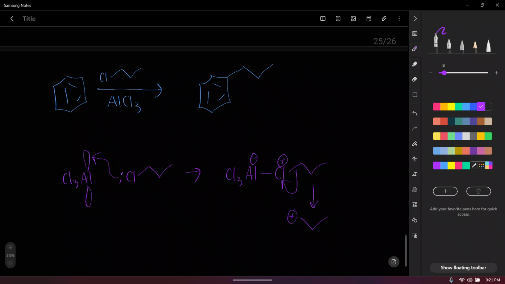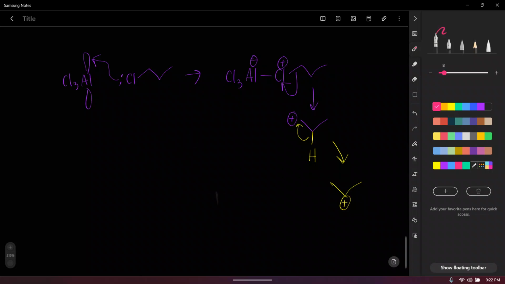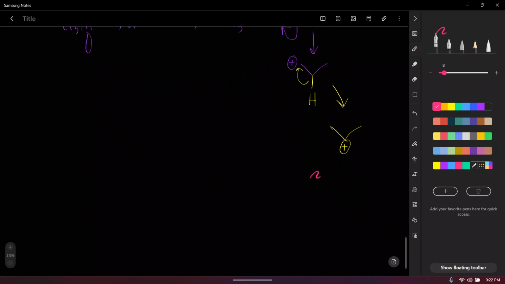Okay. And if you notice, this is a primary carbocation, and primary carbocations are extremely, extremely unstable. And so, because they're extremely unstable, they will do a hydride shift. And when they do a hydride shift, I now have a secondary carbocation, and because the secondary carbocation is stable, that is the species that will predominate in solution. And so my benzene will actually attack the secondary position.